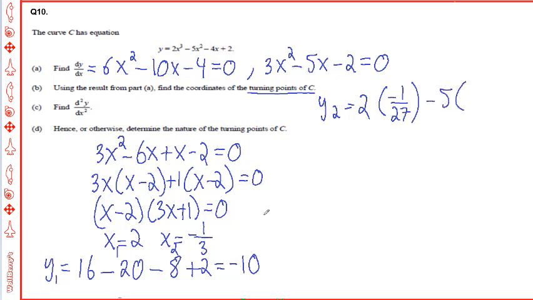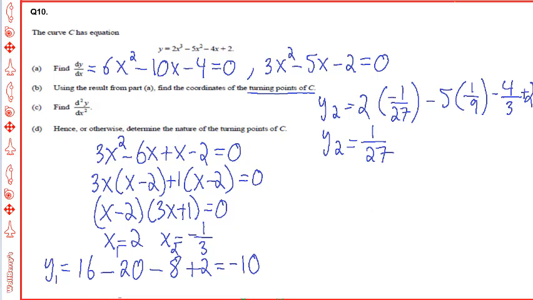To square that, it becomes a positive 1 over 9, minus 4 over 3, plus 2. Plug all these values in, and you get a y2 value of 1 over 27. So the coordinates are 2, minus 10 and minus 1 over 3, positive 1 over 27.